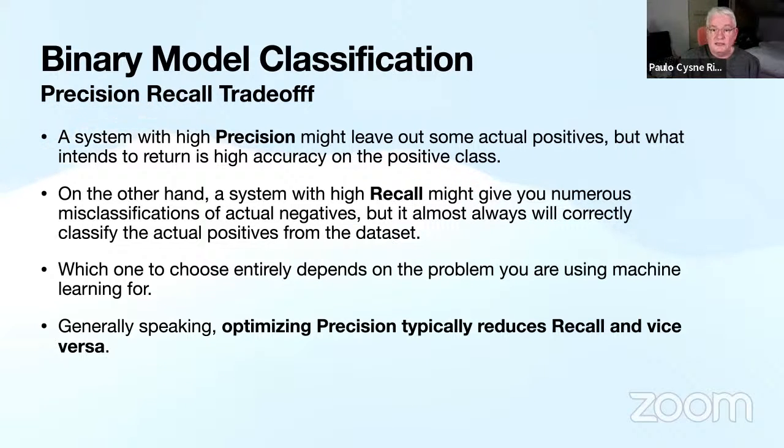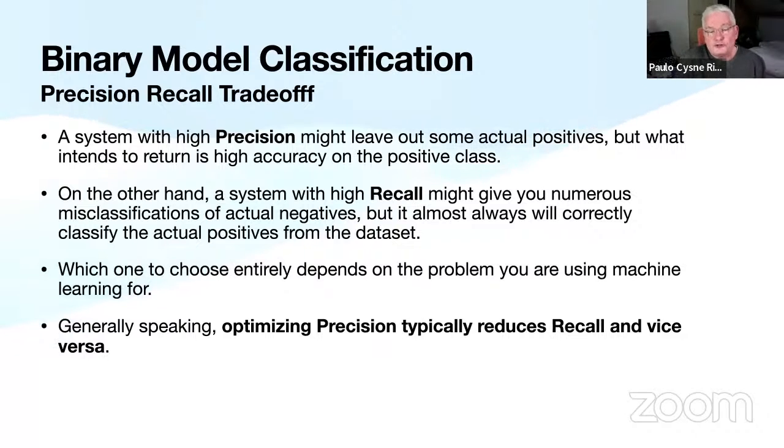On the other hand, if you have a high recall, it might give you a lot of misclassification of actual negatives, but it almost always will correctly classify the actual positives from the data set. So you cannot have both very high. If you have a high recall, you're going to have a low precision, and vice versa.